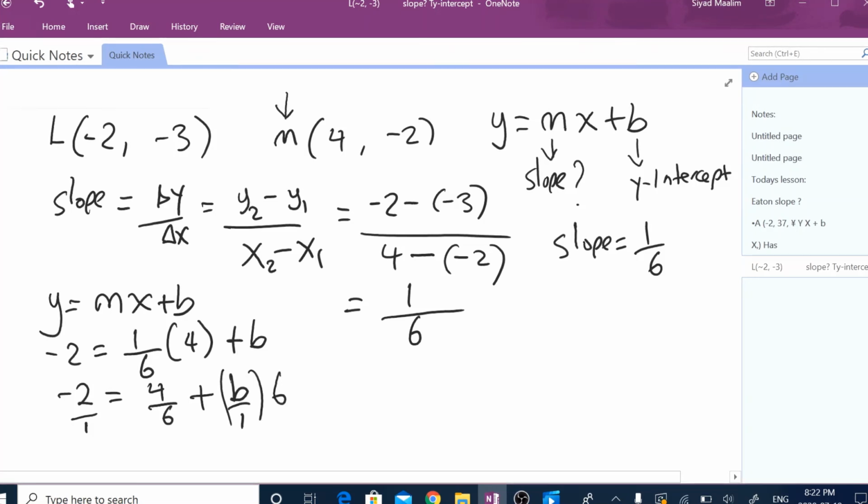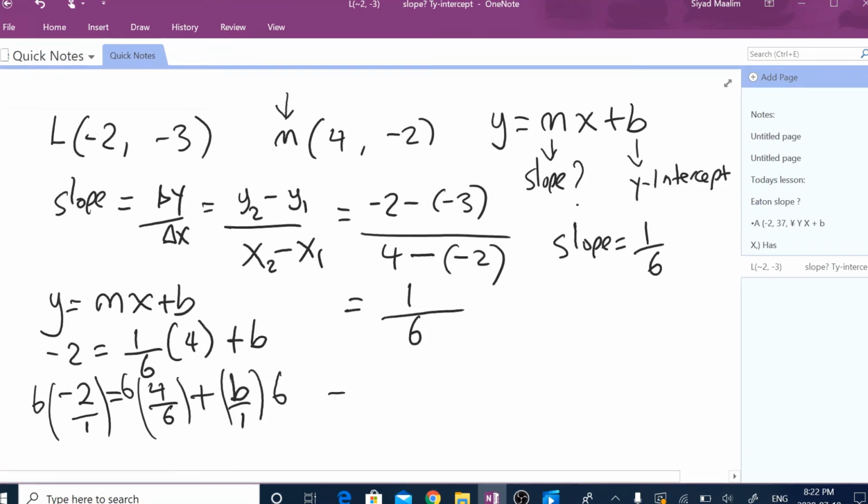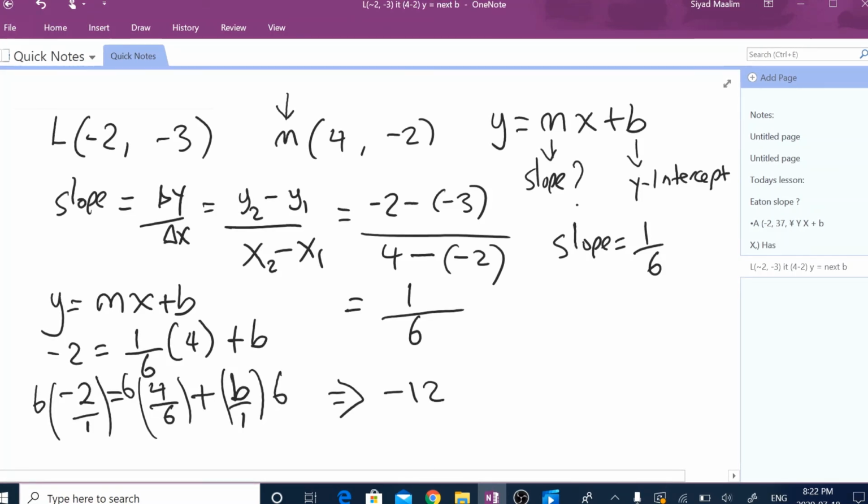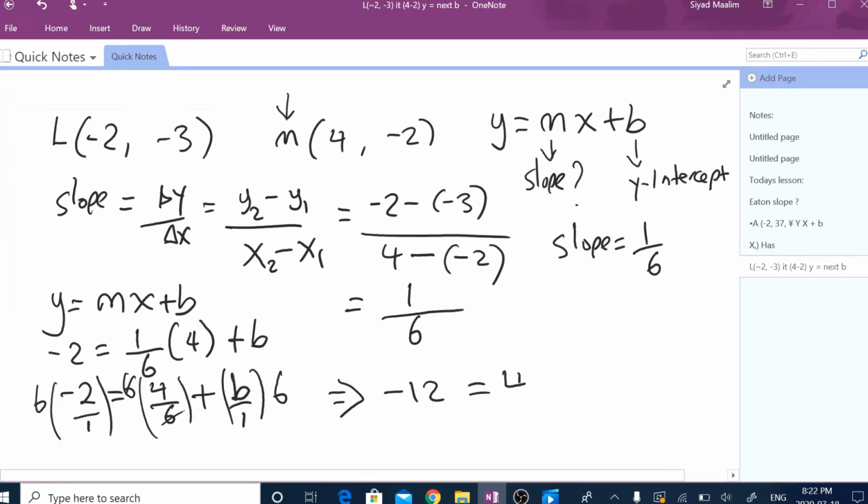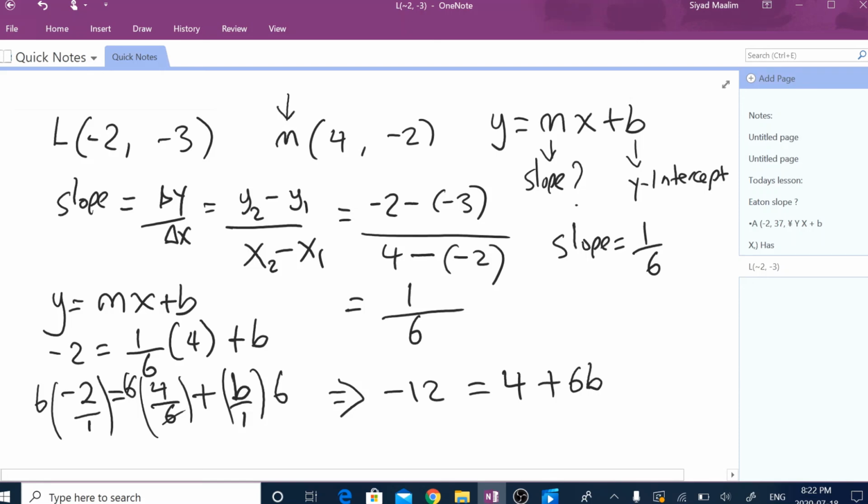So I will multiply here by 6, here by 6, and that by 6, which will give me minus 12, because 6 times minus 2 is minus 12, is equal to 4, these two cancel, plus 6b.